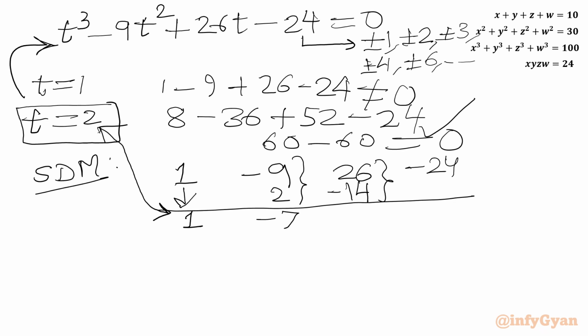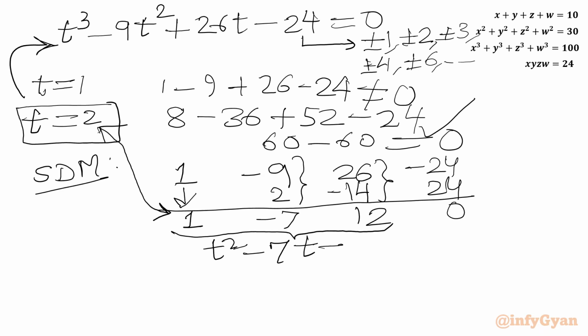We add these two numbers. We get 26 minus 14 is 12. 2 times 12 is 24. The addition will be 0. So here we have the coefficients for the quadratic equation in t. The equation would be t square minus 7t plus 12 equal to 0, which we can factorize very easily.